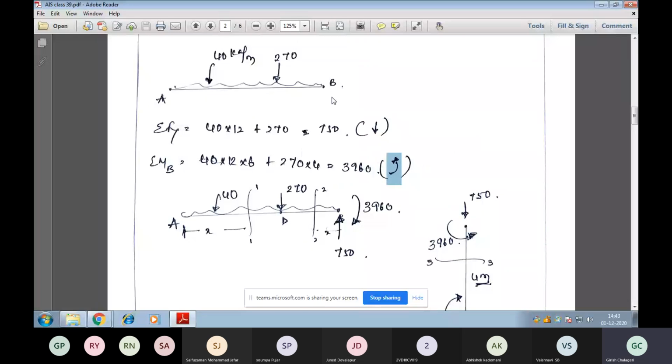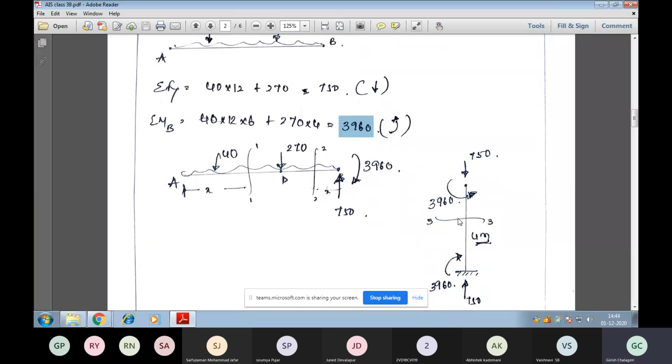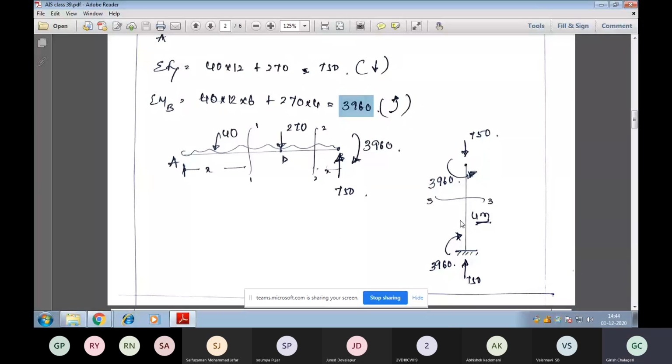To keep it stable, a clockwise moment of the same magnitude, 3960, should be applied at B. Whatever force we get, downward 750 here and anticlockwise 3960 at point B, this is how we are going to calculate the forces and the moment when drawing the free body diagram.